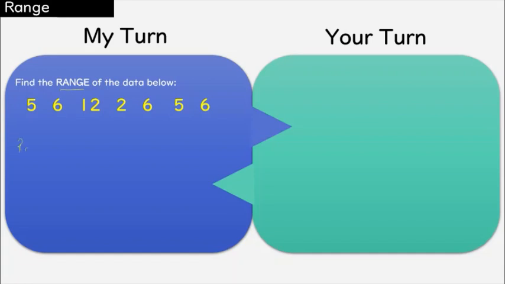The largest one in my set here is 12. The smallest I've got is 2. So the range of my data is 10. So there's a spread of 10 from the smallest number 2 to the biggest number 12.